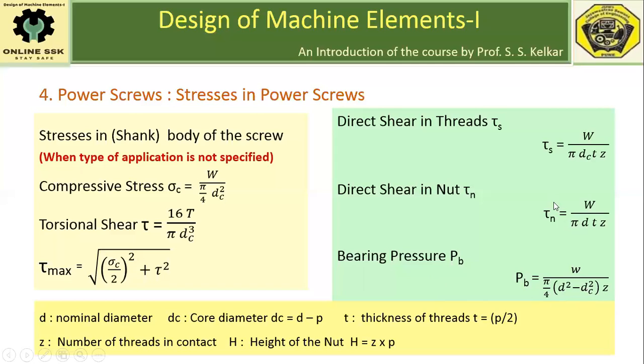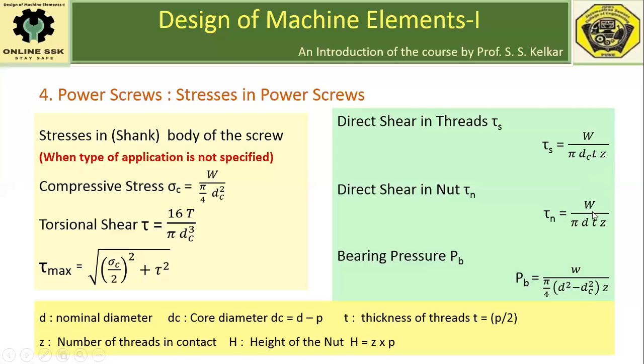Now let us see what the different terms used in these formulae are. W is the load, dc is the core diameter, d is the nominal diameter. Core diameter is given by d minus the pitch.